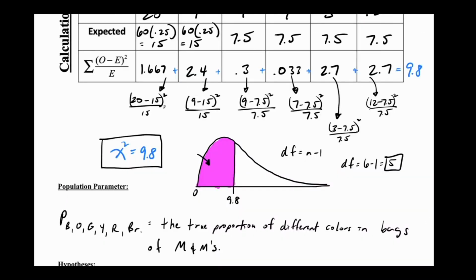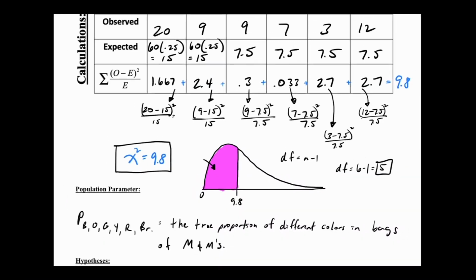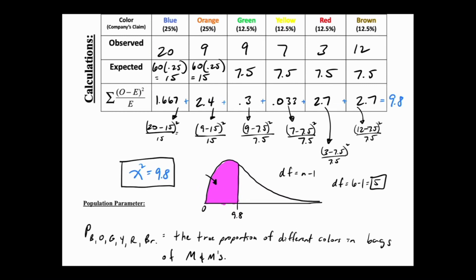So what I'm going to do here is find this number in that yellow line. Okay, and I actually shaded the wrong side. Chi-square, we always shade to the right.